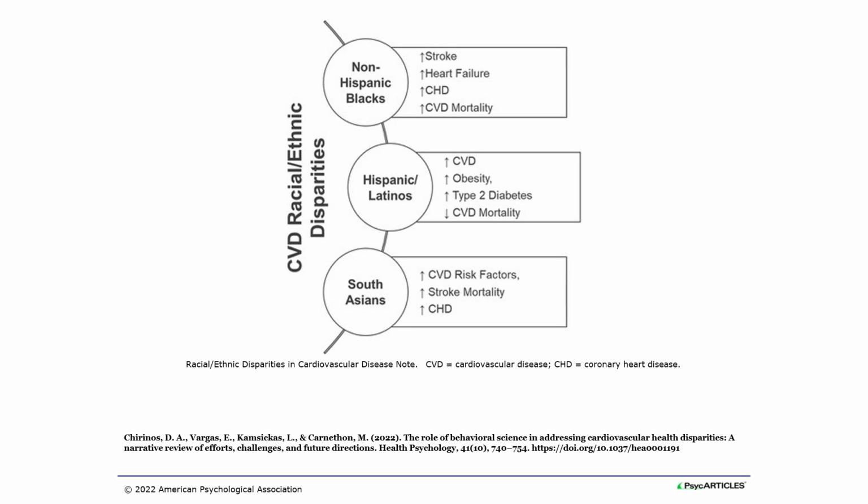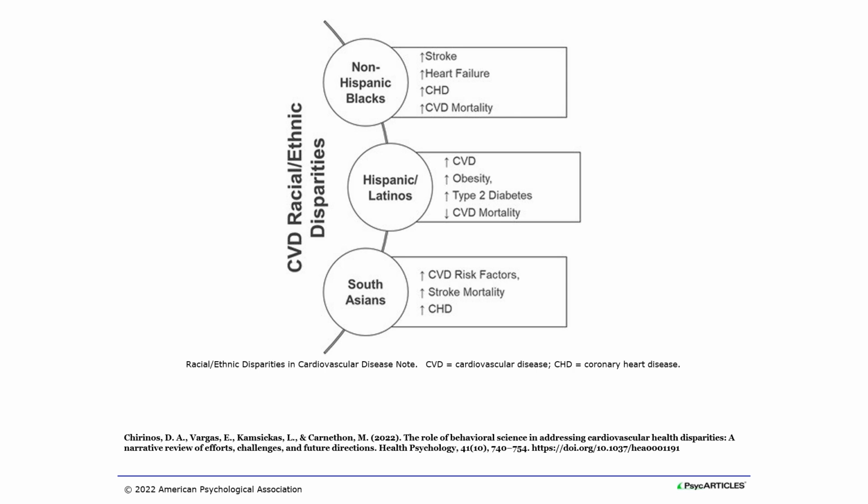And so this slide here is really important because it helps us to take a look at those risk factors by racial or ethnic groups to try to understand the risks of cardiovascular disease in each of these groups. And so when we took a look at these three groups, so we have non-Hispanic Blacks, Hispanics and Latinos, and South Asians, we notice that their risks by modifiable factors are very different.